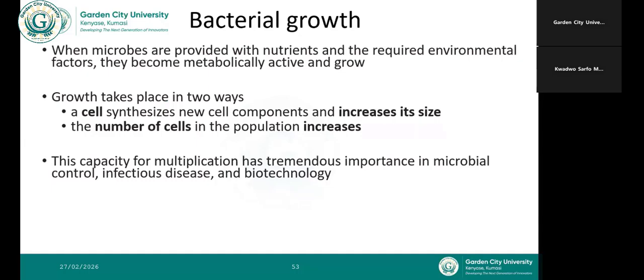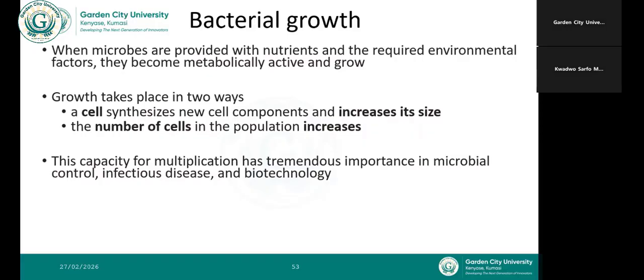So once we know the conditions for growing microorganisms, which are temperature, nutrients, pH condition, oxygen requirements, water, or osmotic pressure, once you provide these conditions, bacteria or microorganisms will grow.